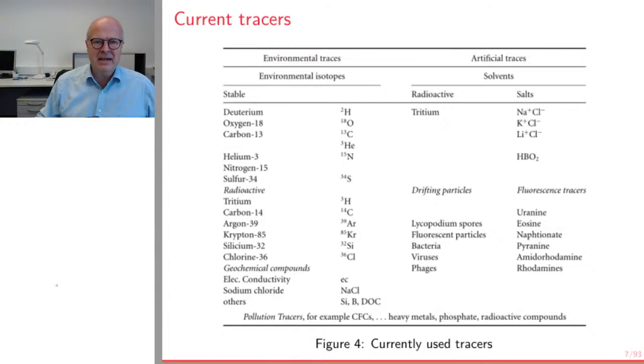So if you study a karst aquifer, yes, good idea, because you have karst channels and voids that are large enough to allow a full transport of the spore. However, if you work in a sediment sandy aquifer, it's not a good idea because the transport is delayed too much.